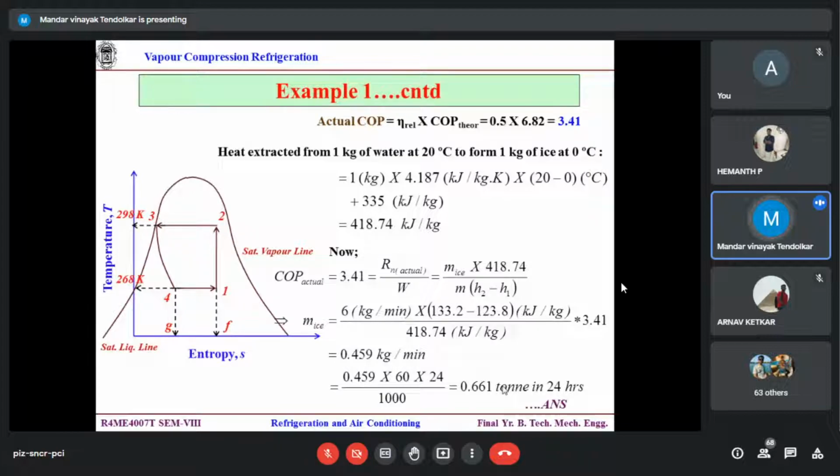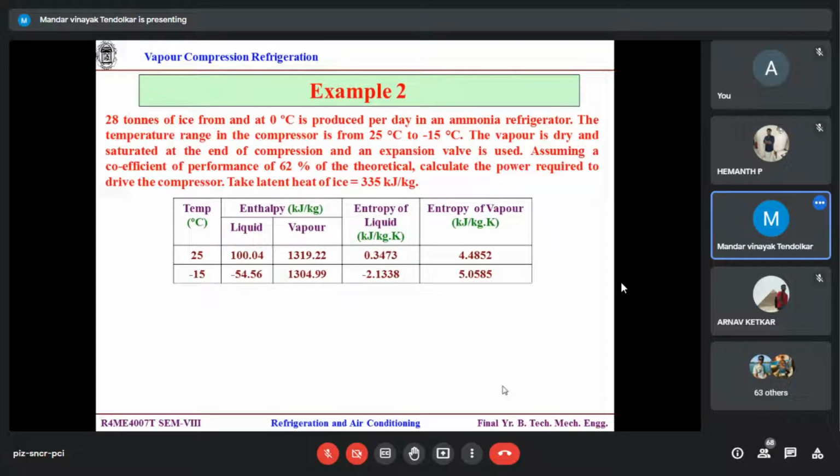I'm not going to give this formula in your paper. ln of T superheated by T saturated, and so on.